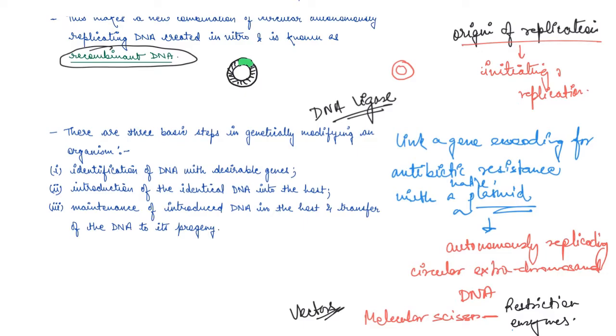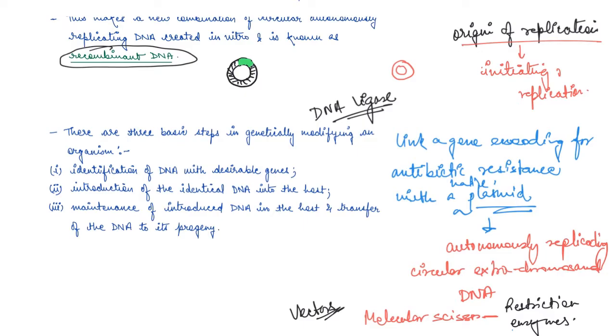Right. Now, when this DNA is transferred into E. coli, which is a bacterium closely related to Salmonella, since we took this plasmid from Salmonella, the E. coli will replicate it using its host DNA polymerase enzyme. So we know that replication happens by DNA polymerase enzyme.